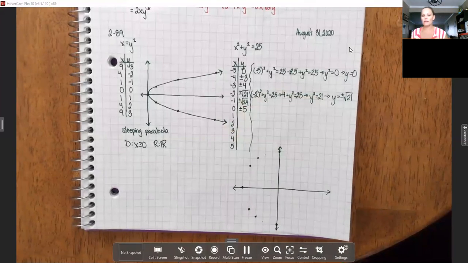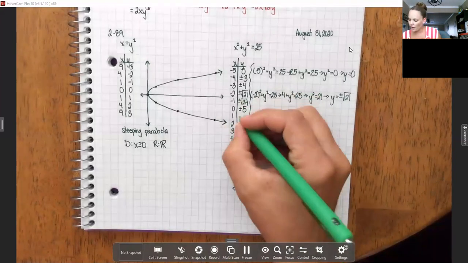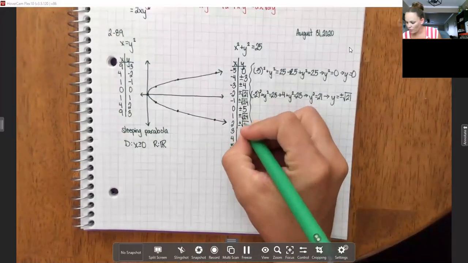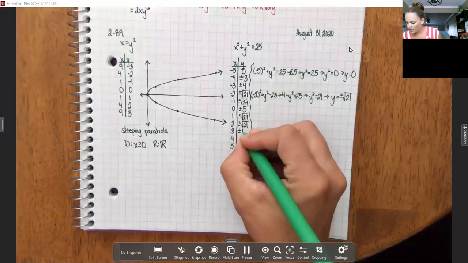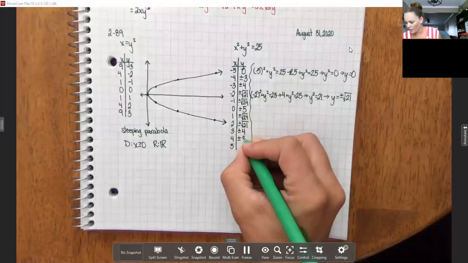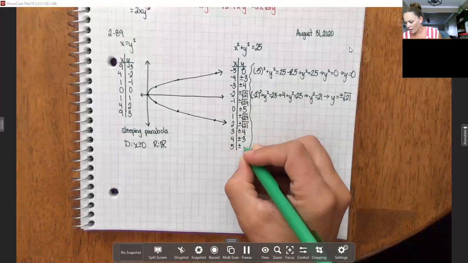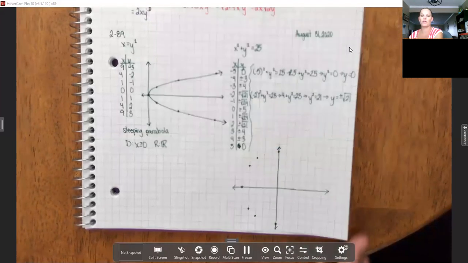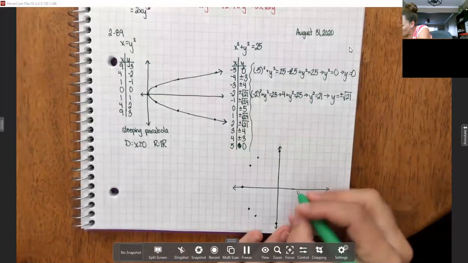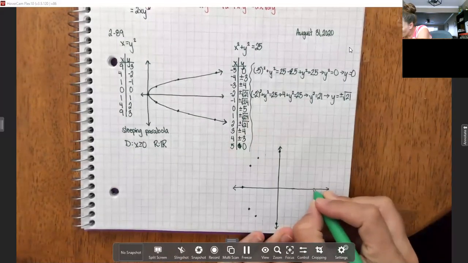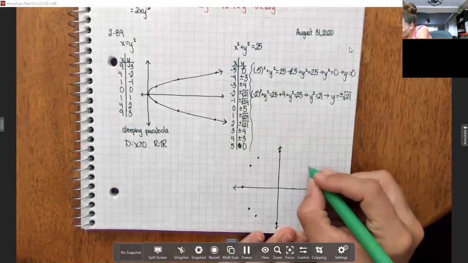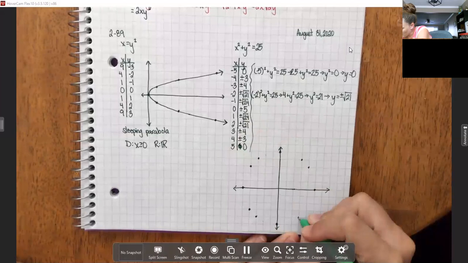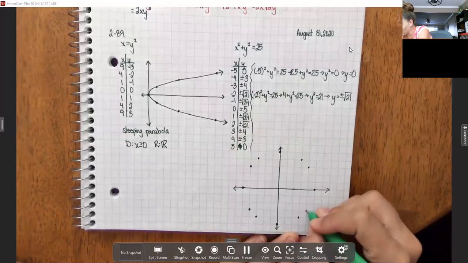And if you filled in this table, you should see it repeats itself again. Plus or minus the square root of 24, plus or minus the square root of 21, plus or minus 4, plus or minus 3, and 0. Not plus or minus, sorry, I can't have a plus or minus on 0, I was just going too quickly. So at 3, it's at plus or minus 4, and at 4, it's at plus or minus 3.